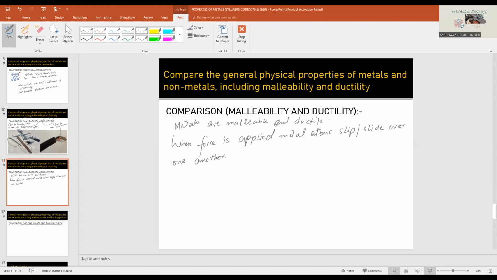Due to this reason, they are malleable and ductile, and they can change their shape and structure. Non-metals are non-malleable and non-ductile. The reason is that the atoms can't slip when force is applied.